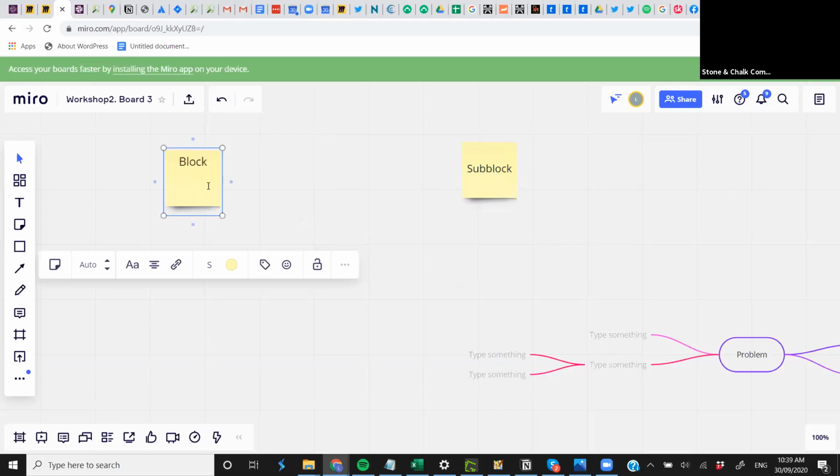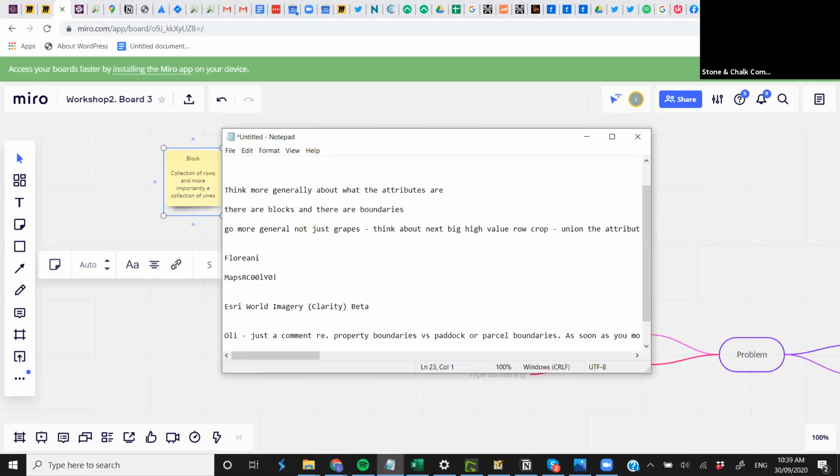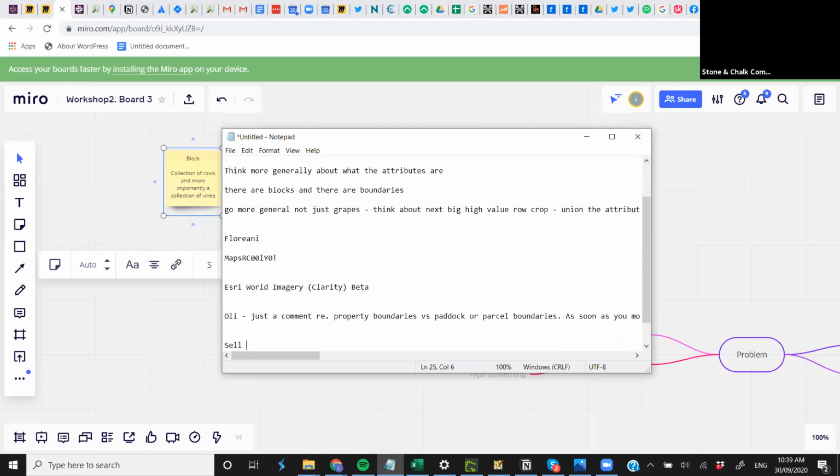My view would be you define a block as a collection of rows and, more importantly, a collection of vines, because I can be selling a block one year, parts of it to two different wineries, and next year I'll sell different combinations of rows to a different winery. And then I may choose to convert part of that block to another variety or do something else with it.